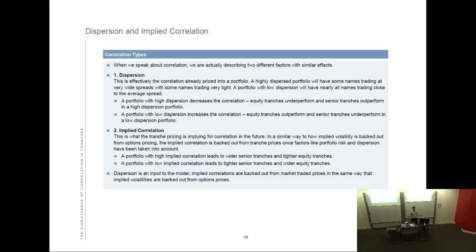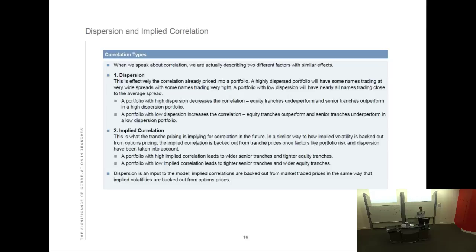So if you have a portfolio where every name is trading at the same spread, that portfolio has little realized correlation. We would say it has very little dispersion. Whereas a portfolio where some names are very tight and some names are very wide, that would be a highly dispersed, or lowly correlated portfolio.